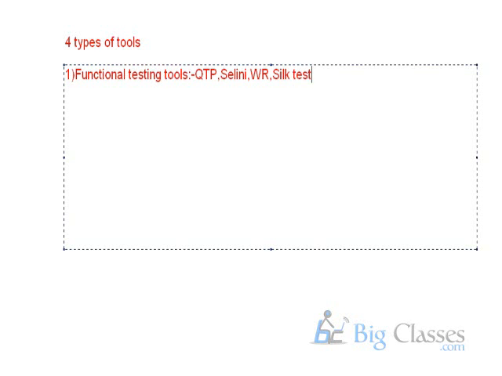Second one, performance testing tools. We use performance testing tools to check the performance of an application. The main intention of performance testing is to check page response time. That is very important.